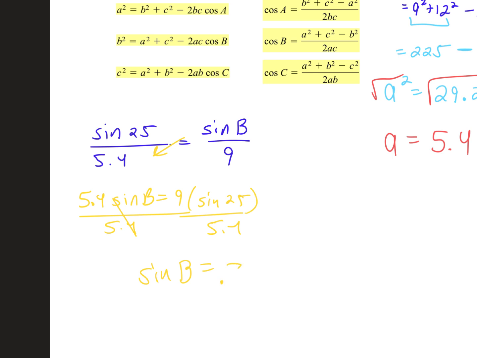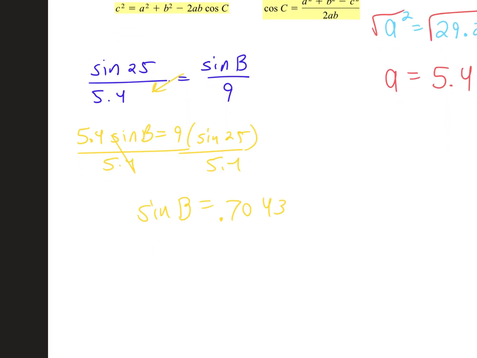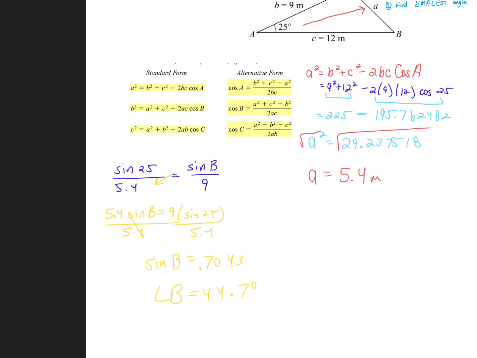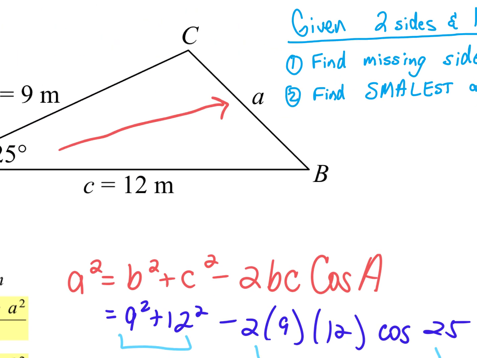So 0.7043. Okay, and again, that's not the angle measure, right? That's just the sine of it. So what is angle B? Hit second sine. 44.7, okay. So angle B is 44.7 degrees.